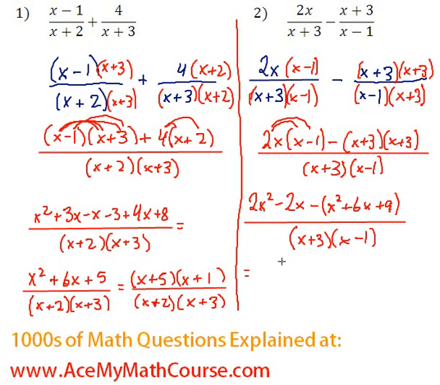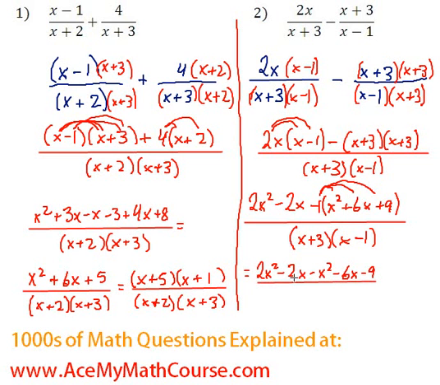Great. Now I will distribute the negative, and there's a hidden 1 here, into the trinomial. So over here we get just 2x squared minus 2x. Now we get negative x squared minus 6x minus 9. All because of this negative 1 here that is outside, of course.